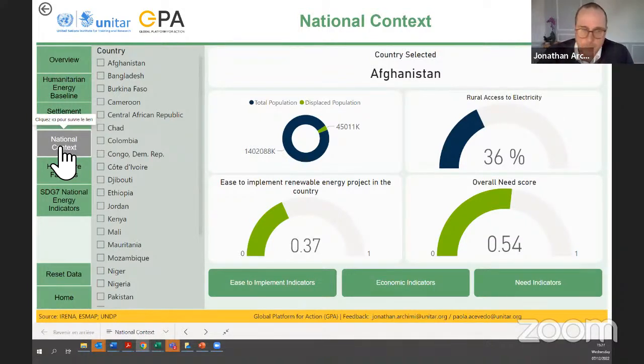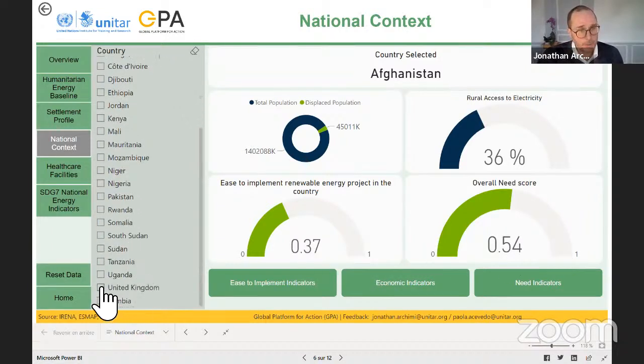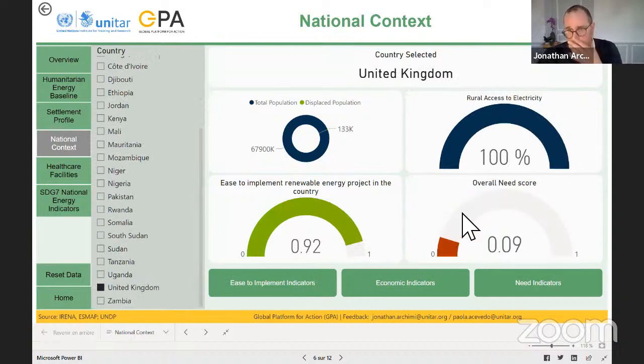Those are public information from IRENA, ESMAP, UNDP, Bloomberg, and as Paula showed you, it's informed first on the need you see on the right. So the level of need, if the need is high, it's 1. Important. I just put the United Kingdom as a benchmark, for instance.